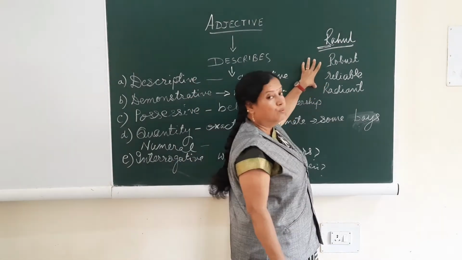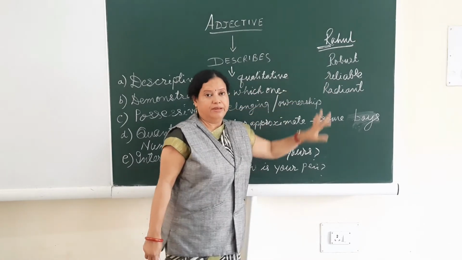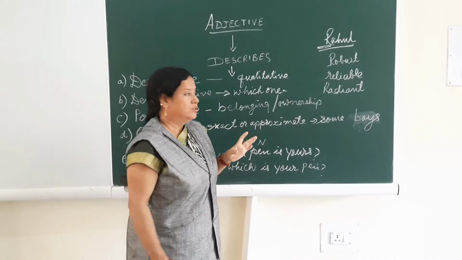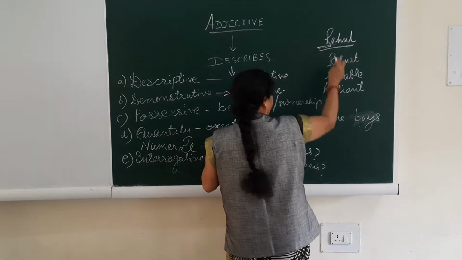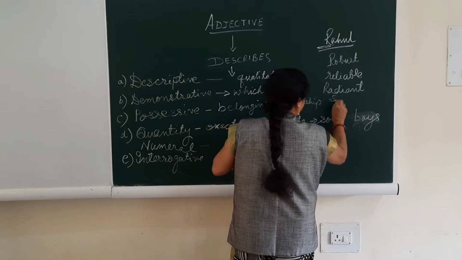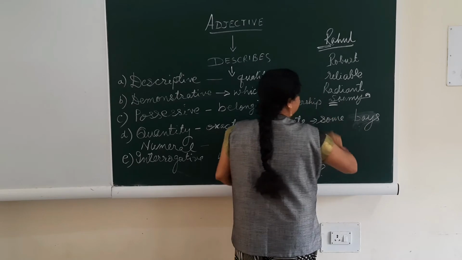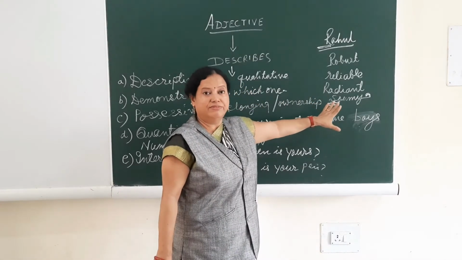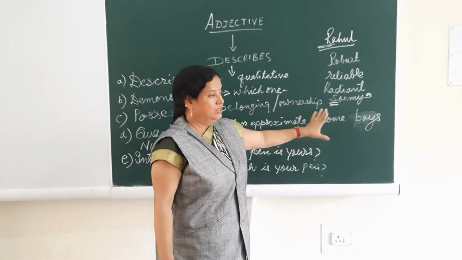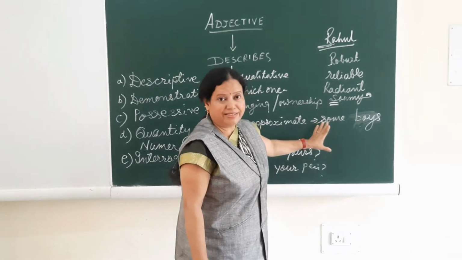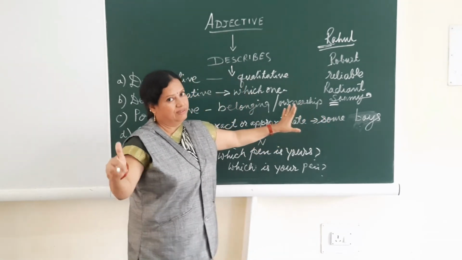Maybe your name is Soumya, so you start with S and write 5 adjectives starting with it. You will see this is fun-filled and you will understand adjectives very well with this.